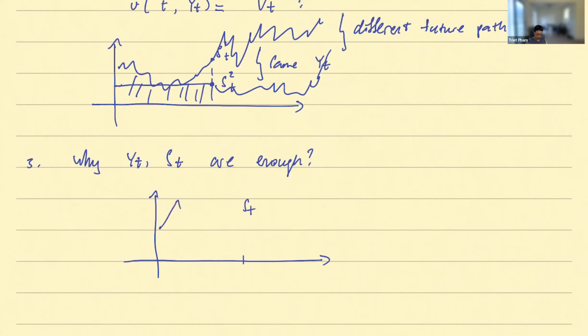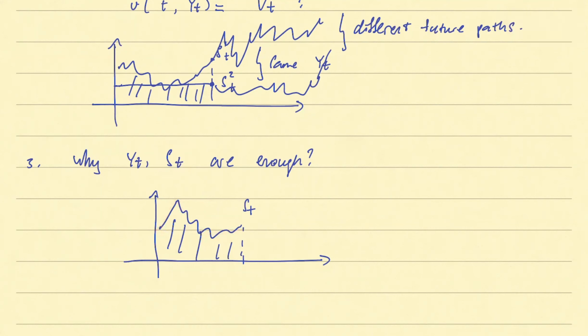Like what Kareem was saying, we can just modify it: given the current stock price and the area under the curve, does it uniquely determine the past path, the past history? If I give you the current stock price and the current area under the curve, does that uniquely determine the past history? No. There would still be many paths that would have the same area and end up at the same point.